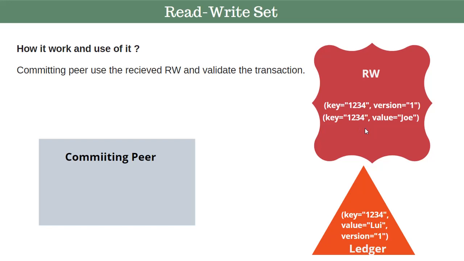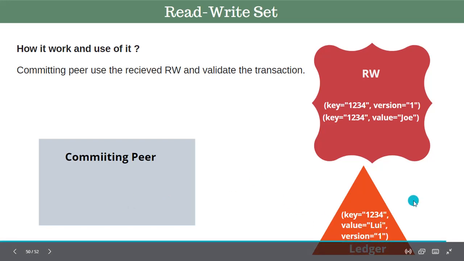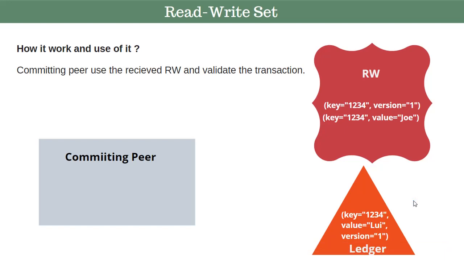Okay. So now this committing peer will also be holding a ledger. When we talk about a ledger, the ledger is going to store your key and value, and it will also have a version. So in the current ledger I have stored my car ID 1234 and the value is Louis, who is the current owner of this car, and the version of this asset is currently the first version.